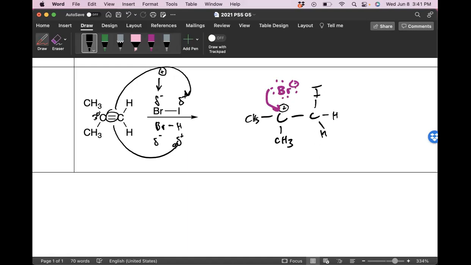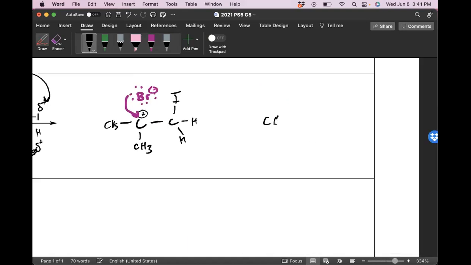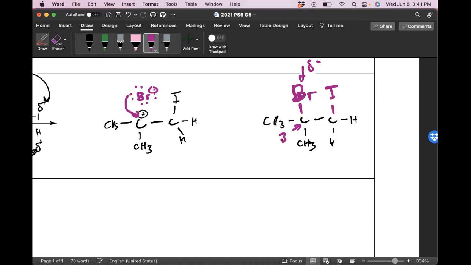So our final product would be CH3, C, C, H, H, CH3, BrI, the most partially negative one being on the most substituted carbon.